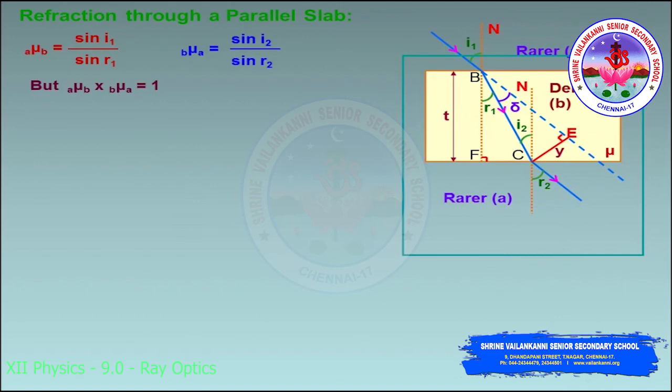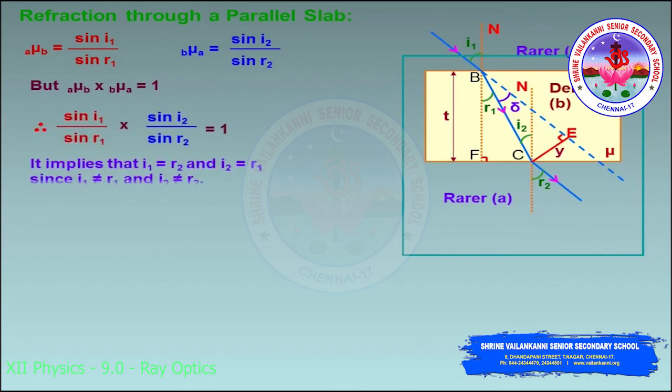So sin i1 by sin r1 into sin i2 by sin r2 is equal to 1. The first face is parallel to the second face, so we can take i2 equal to r1. So sin i1 is equal to sin r2, or i1 is equal to r2.